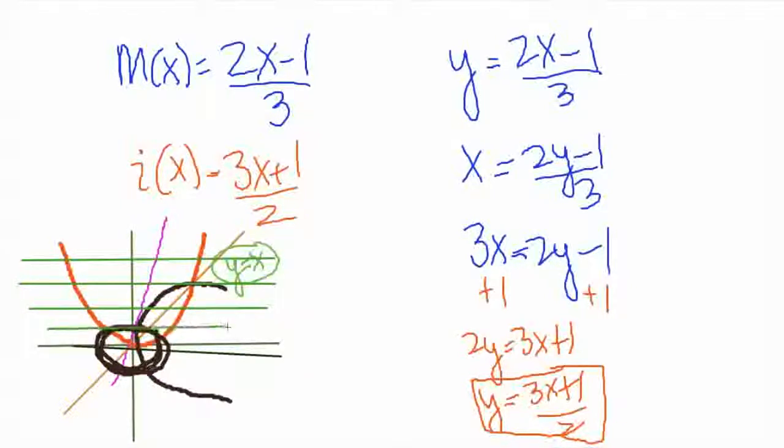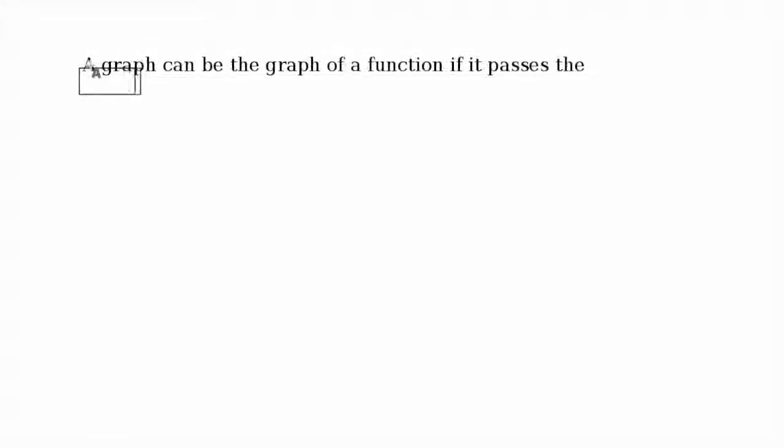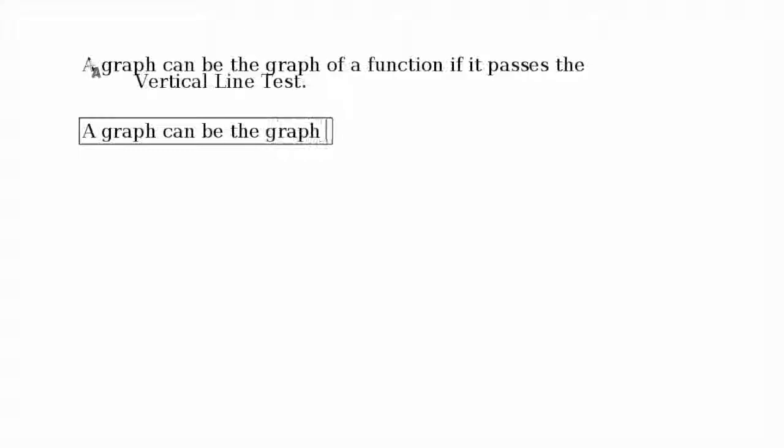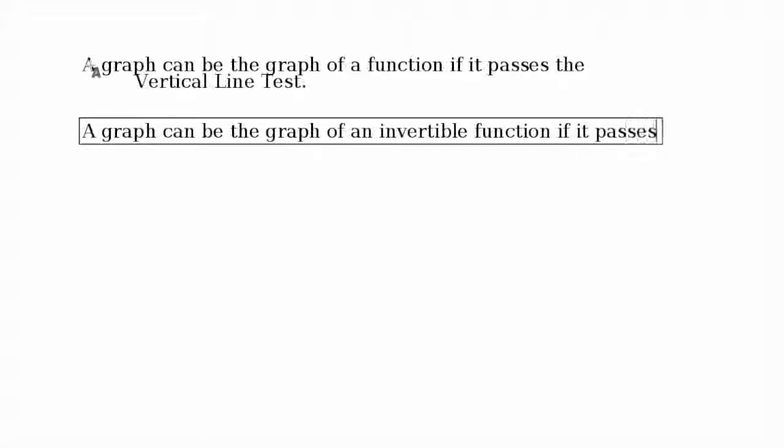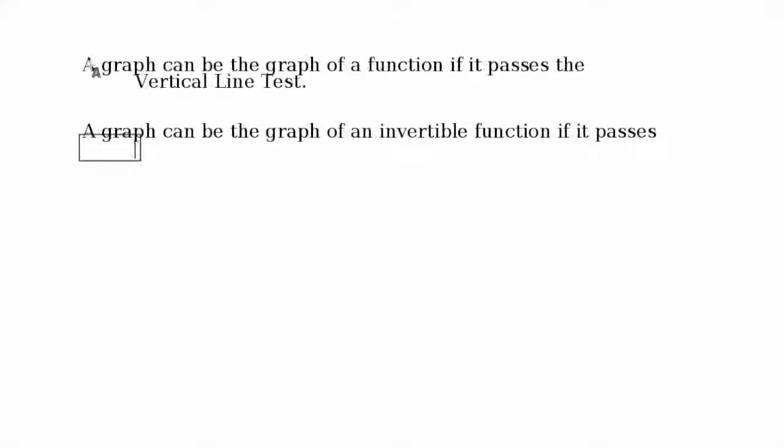then it's not invertible. So to summarize, a graph can be the graph of a function if it passes the vertical line test. A graph can be the graph of an invertible function, not only a function but an invertible function, if it passes the horizontal line test.